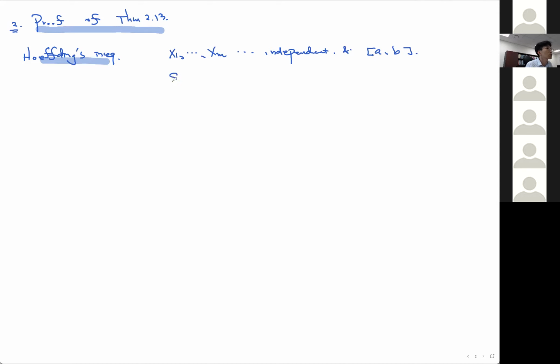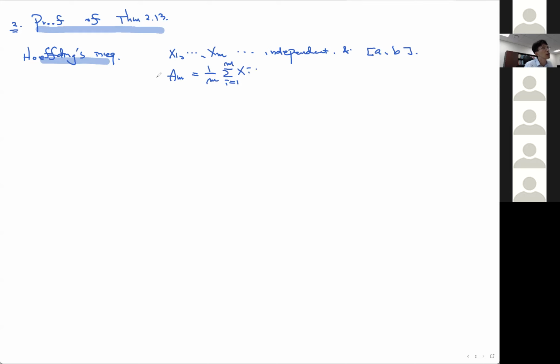Then we are thinking about their sum, or their average, which is 1 over m, sum over i equals 1 to m of xi. What this bound tells us is the probability that this sample average deviates a lot from the expectation of the sample average.